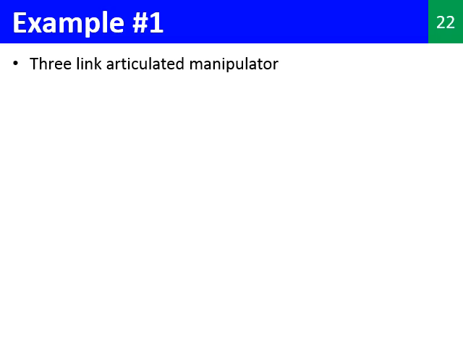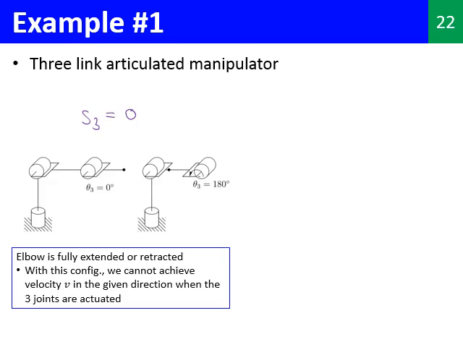So when S3 is equal to 0, we get the following two configurations.